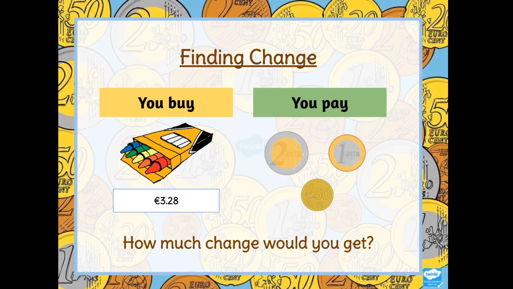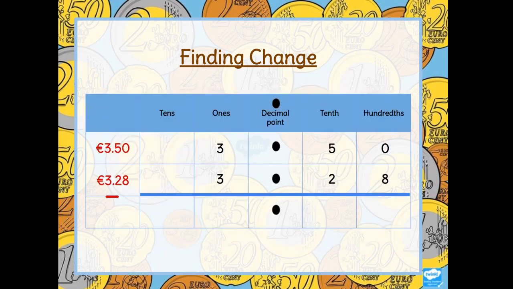Now the next example, you're going to buy these crayons for €3.28 and you pay €3.50. How much change would you get? We're going to put the numbers in the place value chart, and we're going to do a column subtraction. We start from the hundredths. 0 take away 8. No, you can't do that. So you're going to borrow from the tenths, giving 1 tenth to the hundredths.